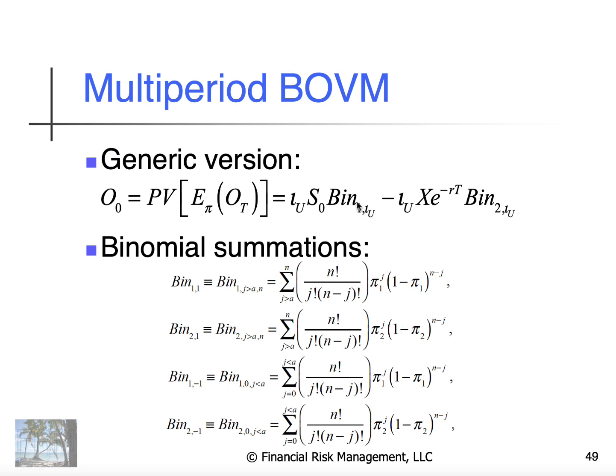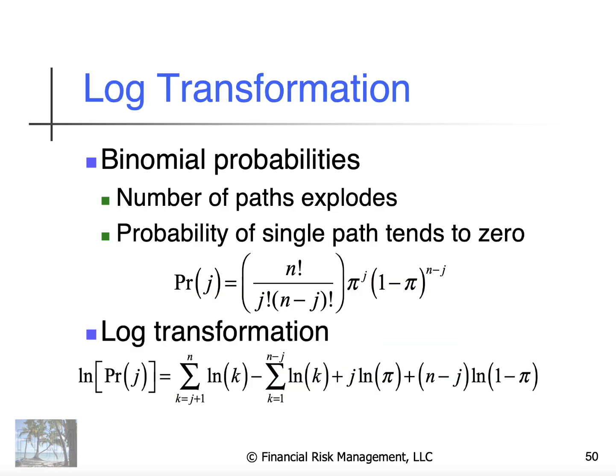And these summations will eventually, in the limit, converge to the Black-Scholes-Merton N(d1) and N(d2) for the call, and N(minus d1) and N(minus d2) for the put. And so we know that we have this convergence property. And this binomial model remains useful because we can address American-style options.